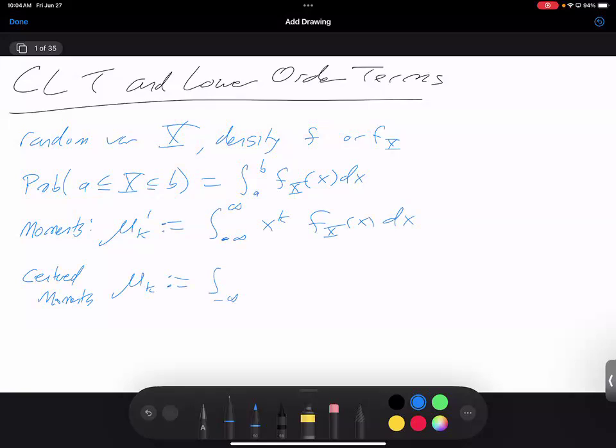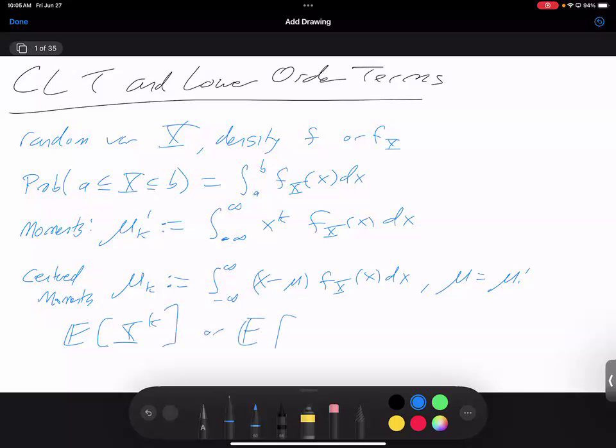It's just the integral from minus infinity to infinity of x minus mu to the k times the density dx, where mu is the first moment. And we sometimes write these as the expected value of x to the k, or the expected value of x minus mu to the k. Just in terms of notation. So everybody comfortable with notation at this level? Excellent. Okay.